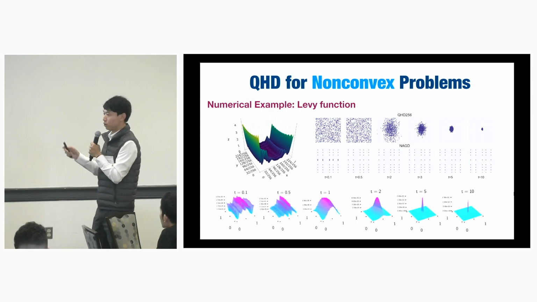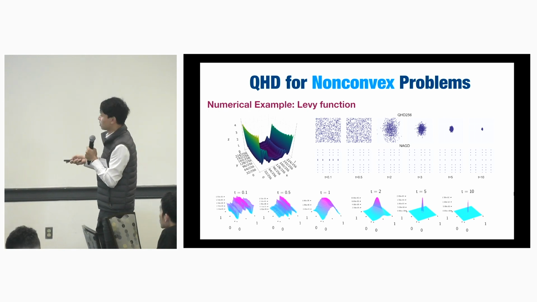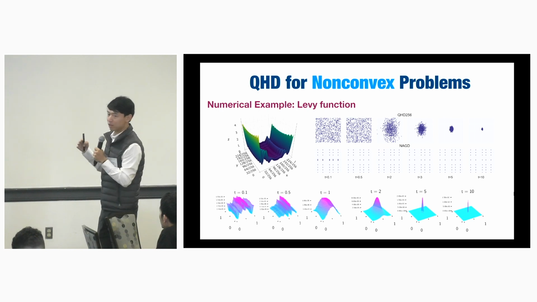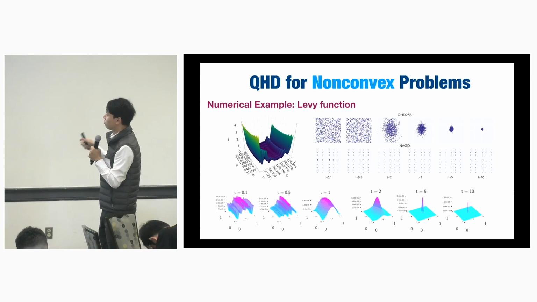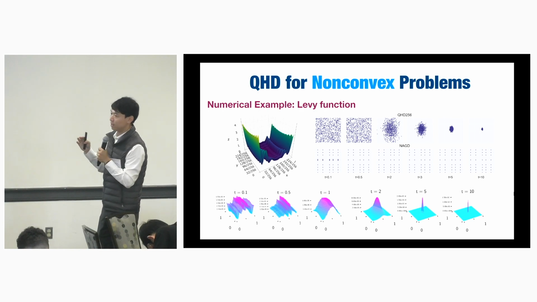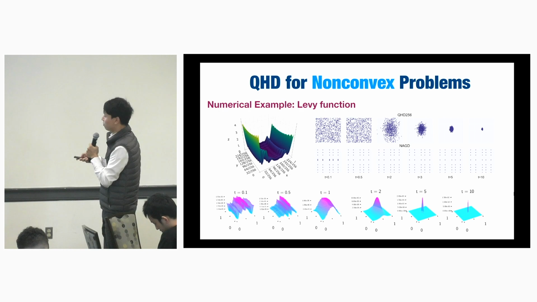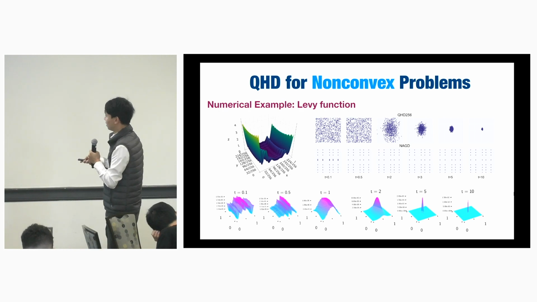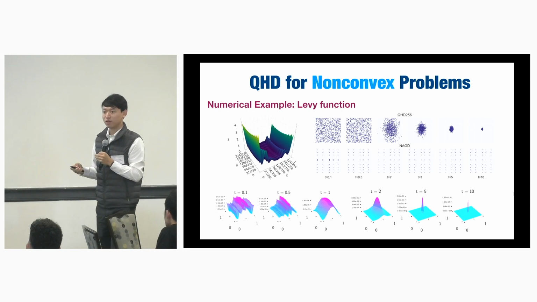And also here, I want to show you the wave packet in this evolution, which looks more intuitive. As you can see, in the beginning the wave packet is very oscillatory, which is not surprising because we have a large kinetic energy in the beginning. And then as we evolve the quantum system with the energy damping mechanism, over time we see this wave function become more like a Dirac delta-like distribution centered around the global minimizer of this function. And that gives you this whole idea of quantum Hamiltonian descent.